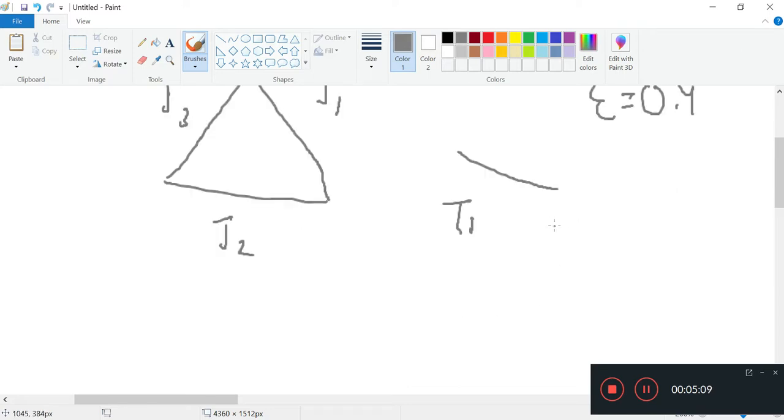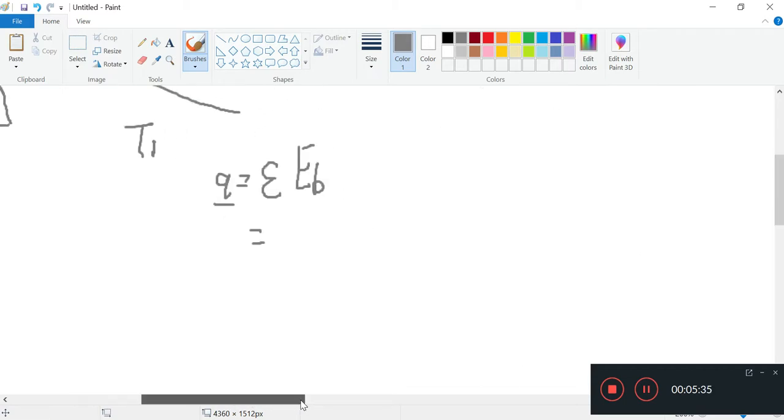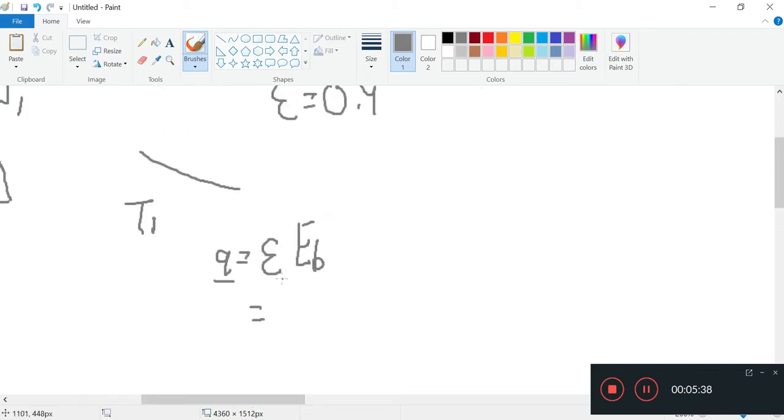The total heat outflow per unit area equals epsilon times the black body emissive power. So the total emissive power from this gray body equals the emissivity times the black body power, right? We don't include reflection and all these yet, but we might have heard that a black body is the best kind of emitter.